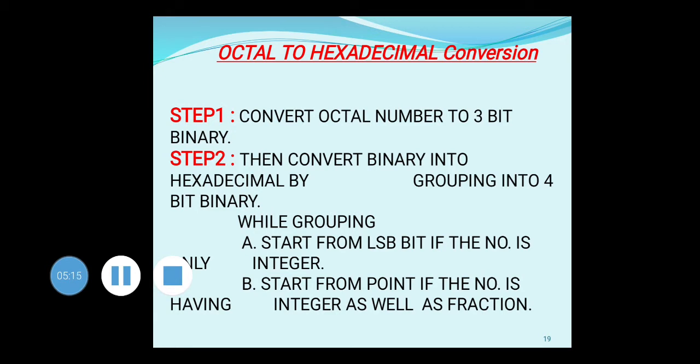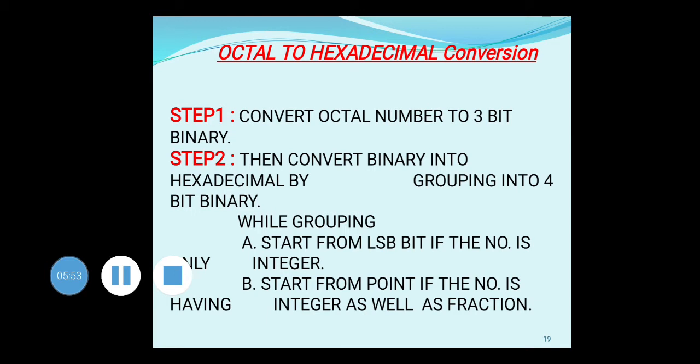But if the given number has an integer part as well as a fractional part, then start from the point. For the integer part, grouping will start from the LSB, taking 4-bit groups, and in the end, if there are not enough bits to form a 4-bit group, add zeros.